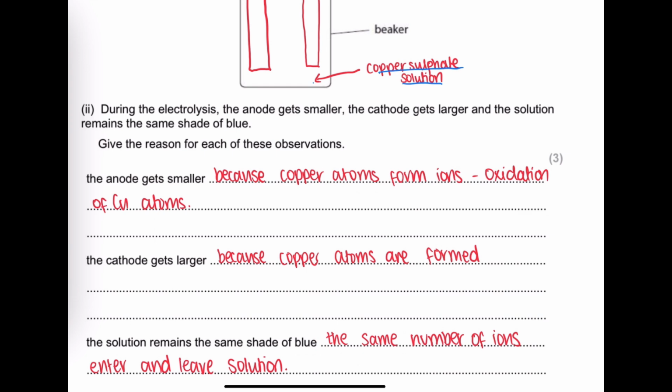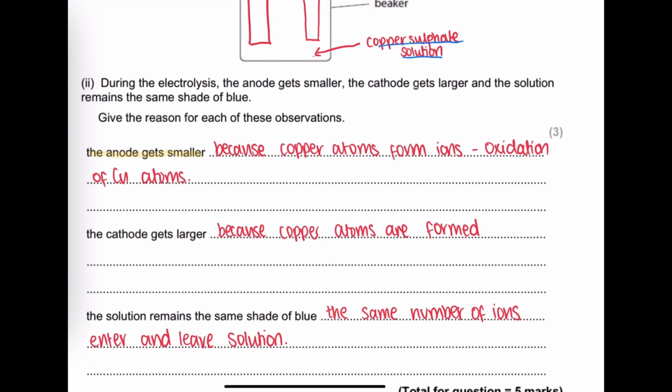2i. During electrolysis, the anode gets smaller and the cathode gets larger, and the solution remains the same shade of blue. Give a reason for each of these observations. Number 1, the anode gets smaller. Why it gets smaller is basically because the copper atoms form ions, and when they form ions, they go back into the solution because ions are soluble in the solution, therefore it gets smaller and decomposes.